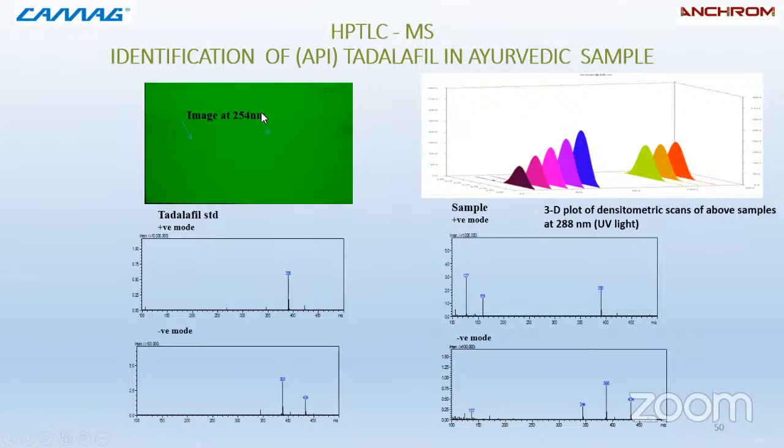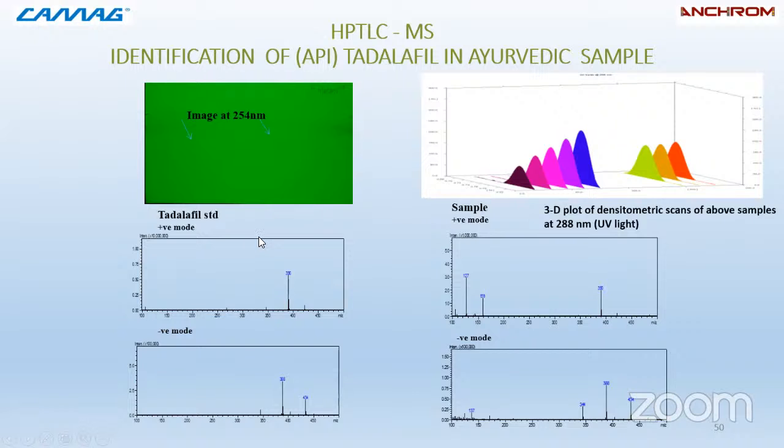When we developed the plate, we could not see any response, or the response is there but it is showing its presence in very low UV. We are not able to see it at 254 nanometer. Therefore, we have highlighted it with these blue arrows. The sample band is over here, sample and standard. We wanted to have confirmation whether it is tadalafil or something else.